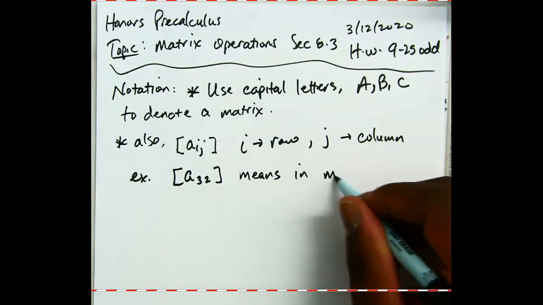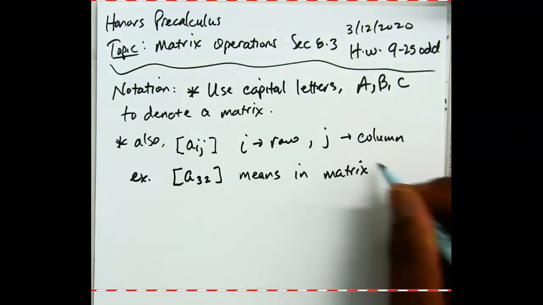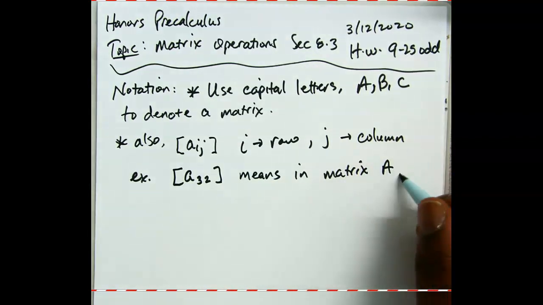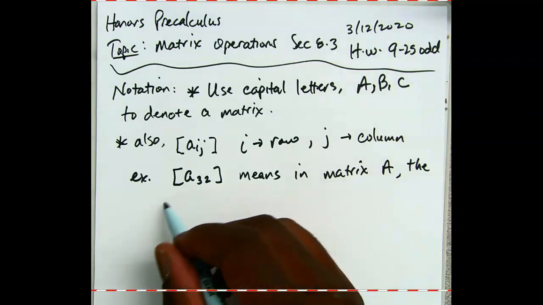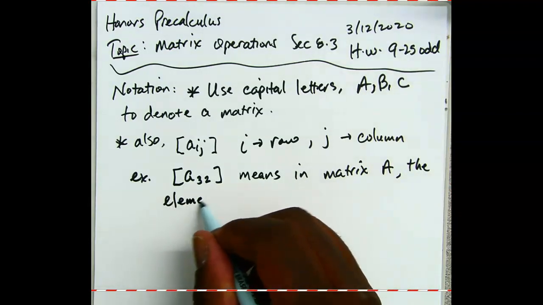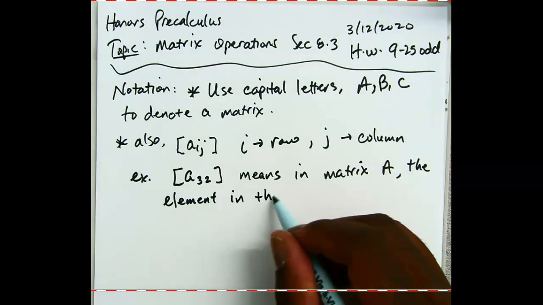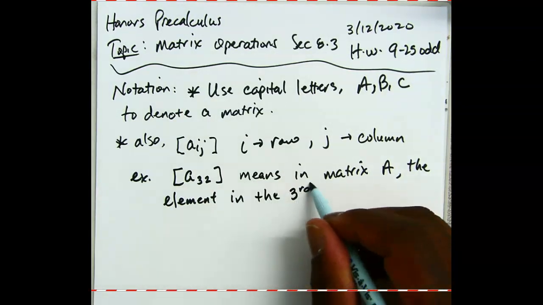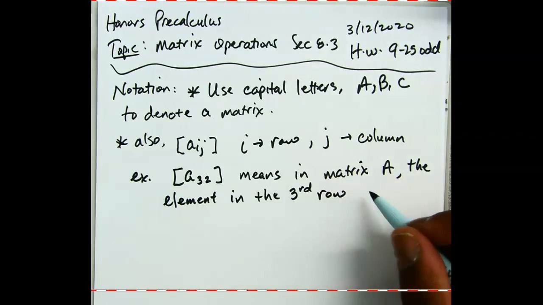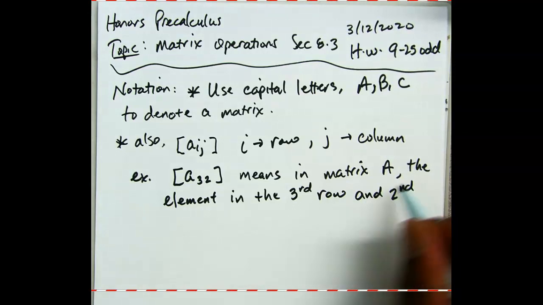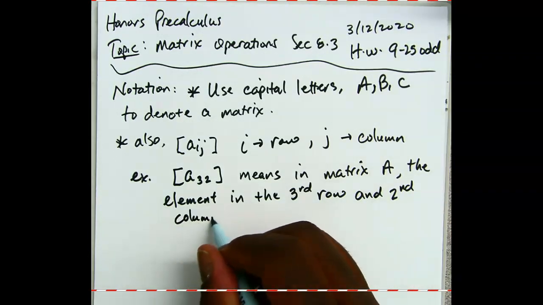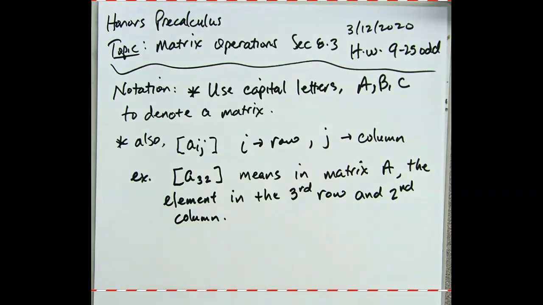So in matrix A, we're looking for the element in the third row and second column.